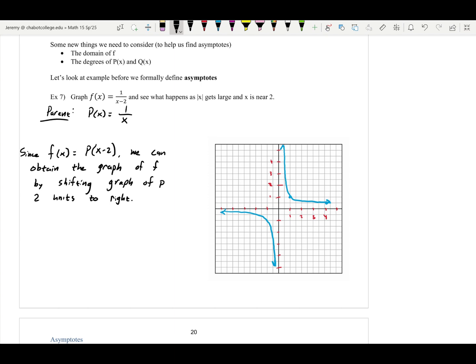I can't remember if I said left a second ago. Yeah, we shift 2 units to the right. If it's x minus 2, it's kind of the opposite of what you would think if it's inside of the function. We're shifting to the right by 2 units.